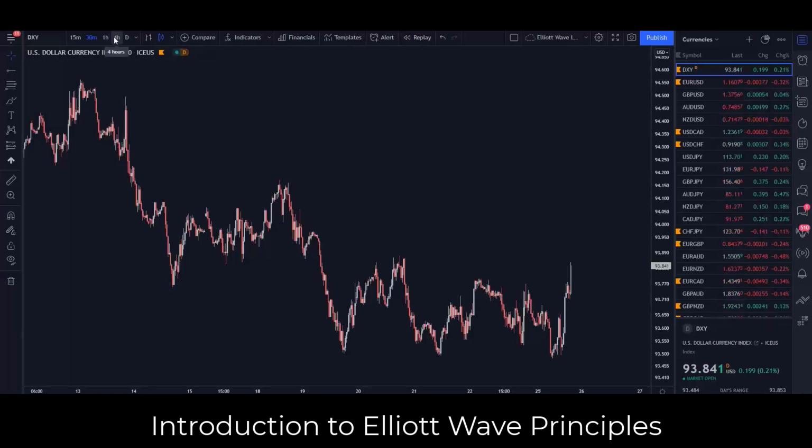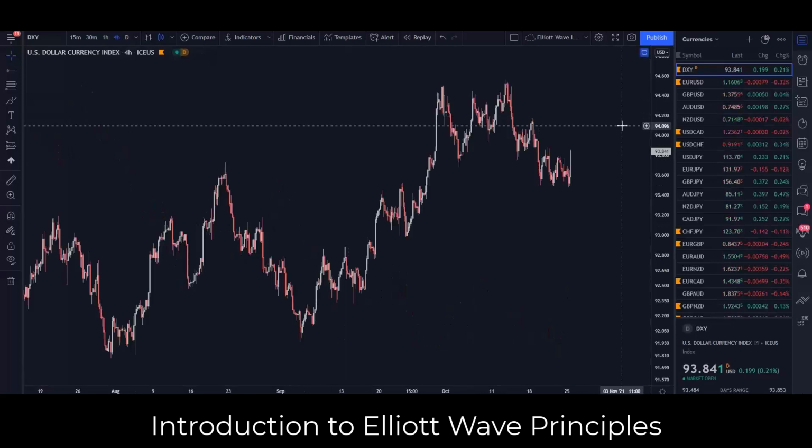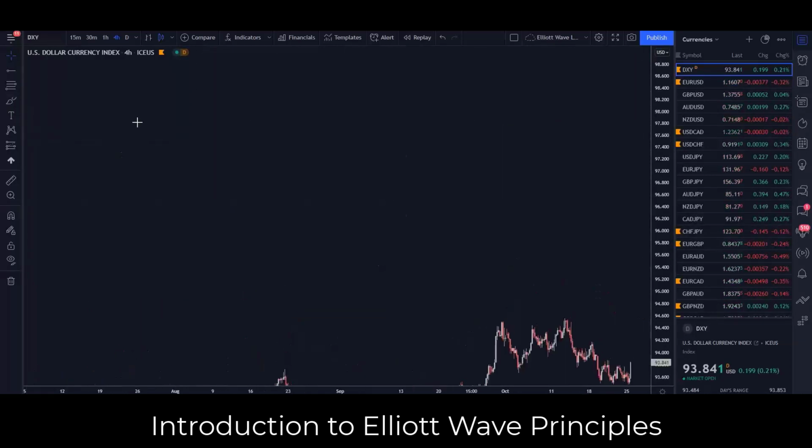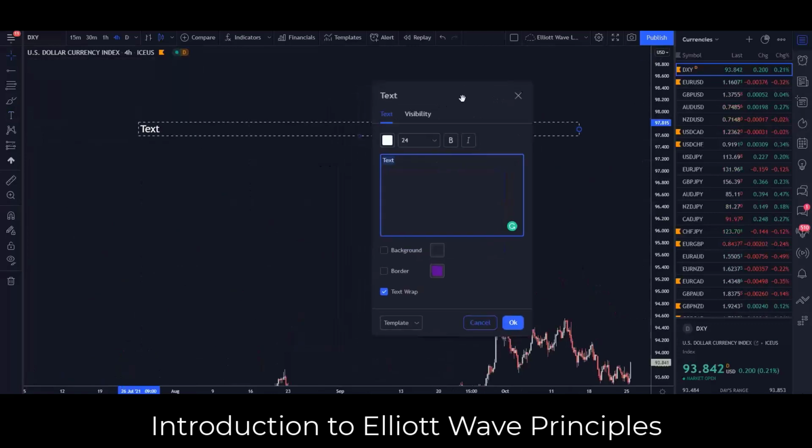So that is the first thing you need to be very, very comfortable with: impulse and correction. I think that shouldn't be too difficult, right? It might take a little bit of practice for you to identify what is impulse and what is correction, but you should be getting a hang of it pretty fast.